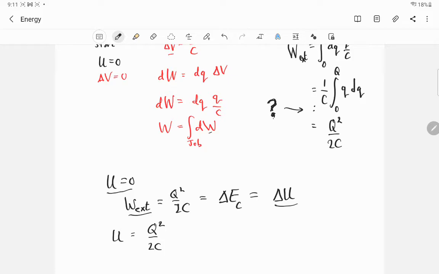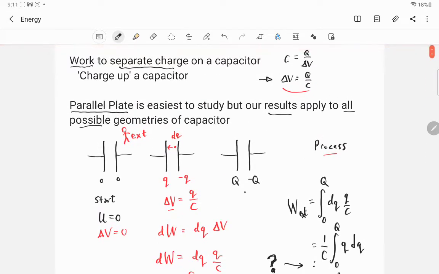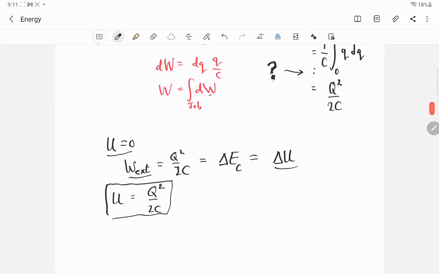All right, so this is a basic result. And again, all the results apply to all possible geometries of capacitor. So even if this C right here was for a cylindrical capacitor, which I introduced in a previous video, or the spherical capacitor, it doesn't matter.